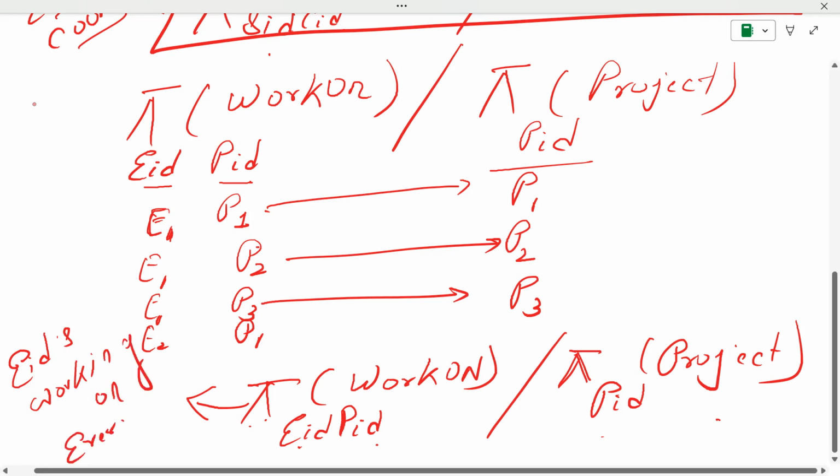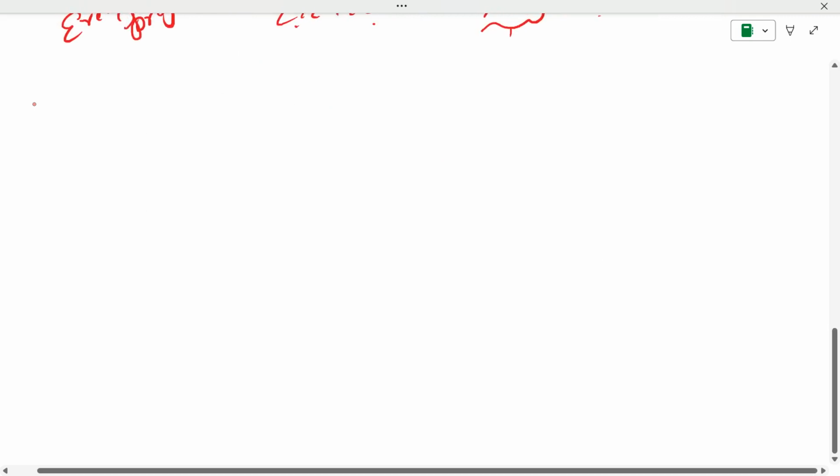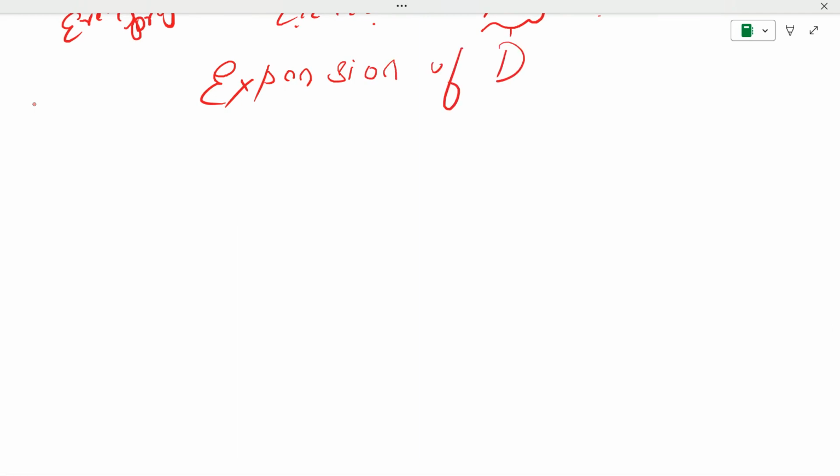Now writing like this makes no sense by itself. What does that mean, how does that division work? So we need to see the inner implementation of the division. That is known as the expansion of division. How does this division operator work? So we are going to see the expansion of division. Let's see.